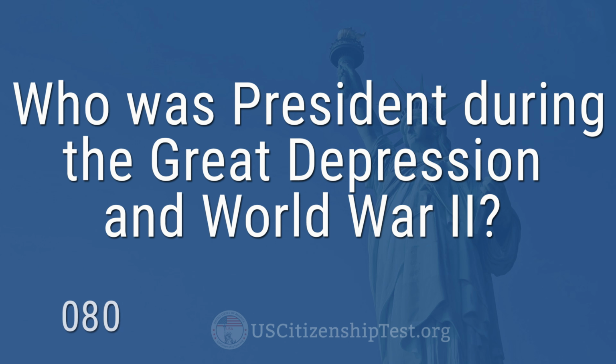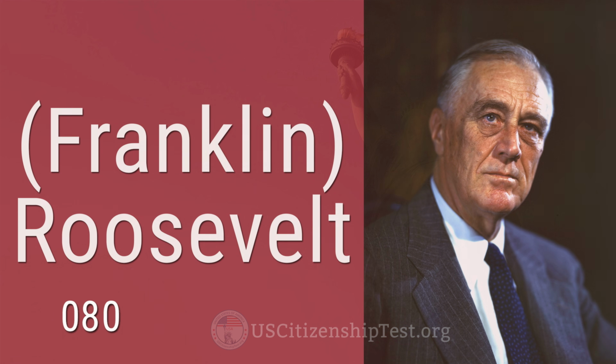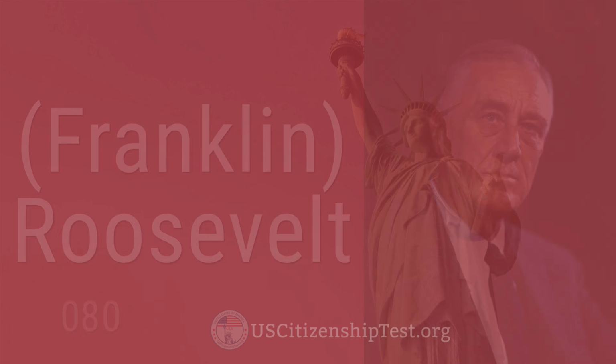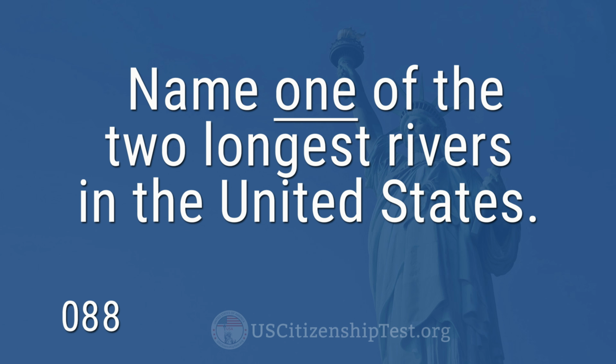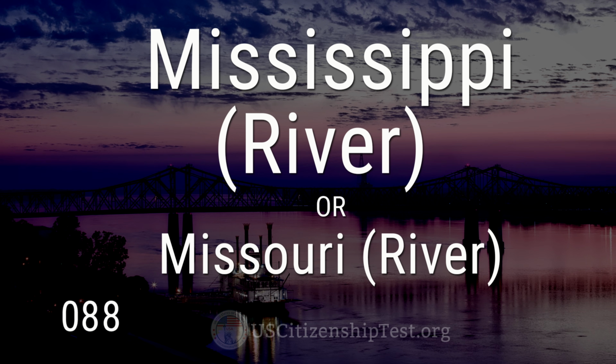Who was president during the Great Depression and World War II? Franklin Roosevelt. Name one of the two longest rivers in the United States. The Mississippi River.